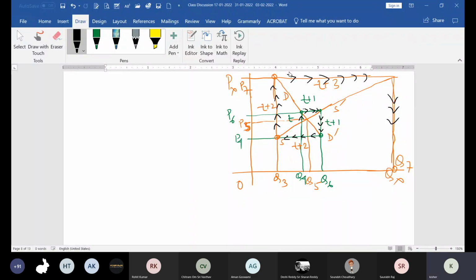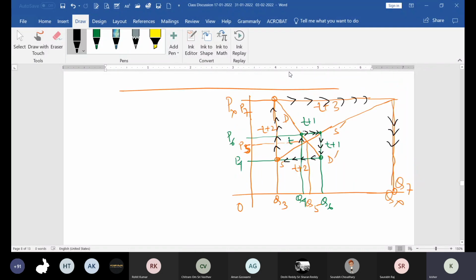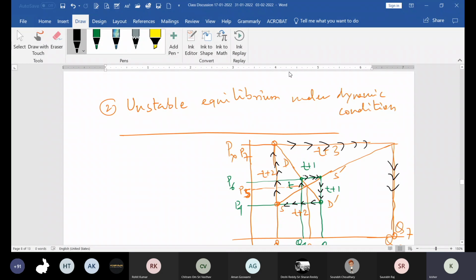You are diverging from the origin. So when the slope of the demand curve is more than the slope of the supply curve, the system is divergent and equilibrium is unstable. Once equilibrium is disturbed, it is very difficult to come back to the original equilibrium position. There may be short stability somewhere, but you are not coming back to the original equilibrium position. Because of that, it is called unstable equilibrium under dynamic condition.